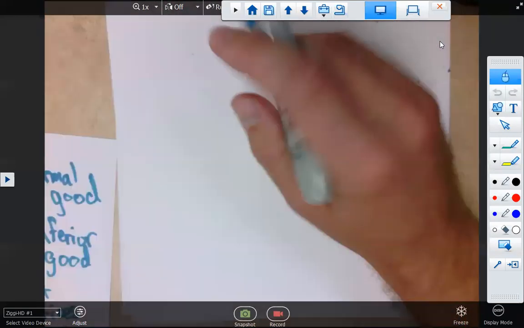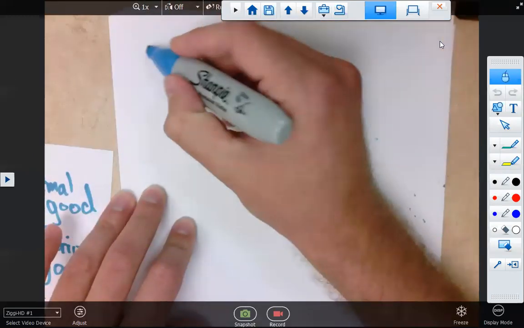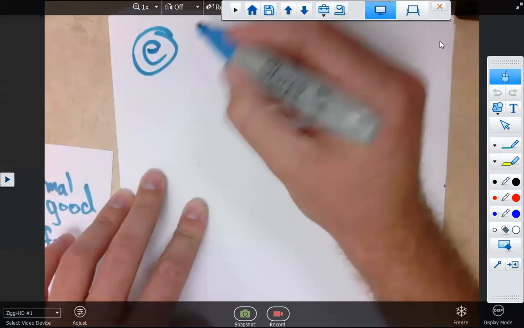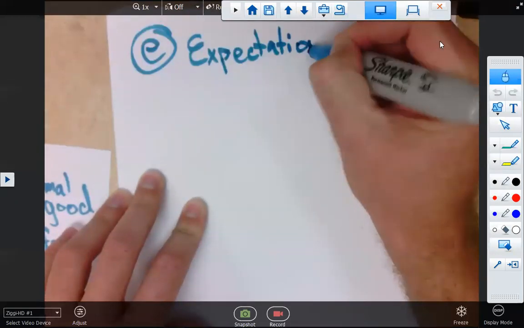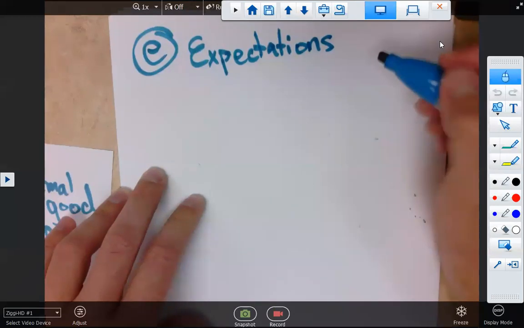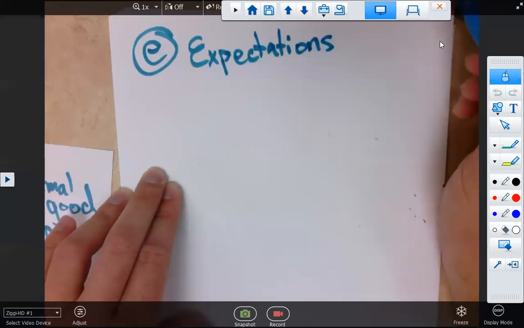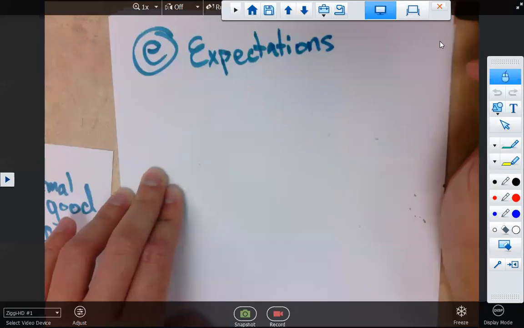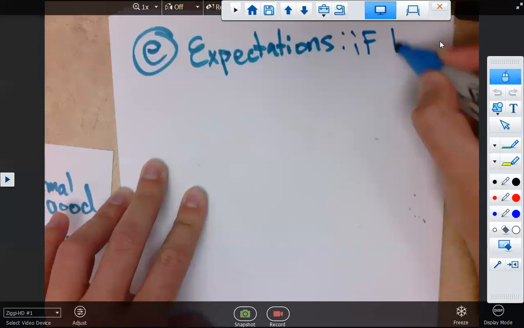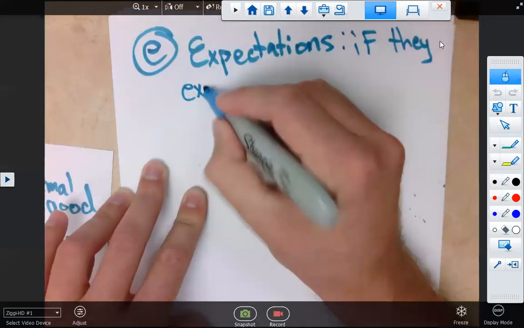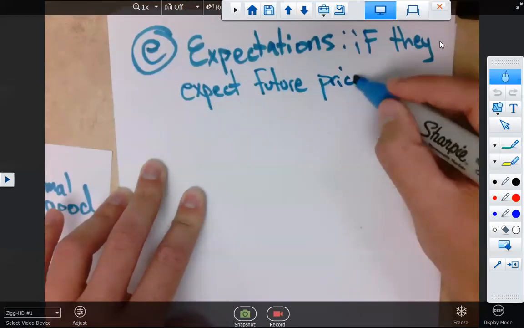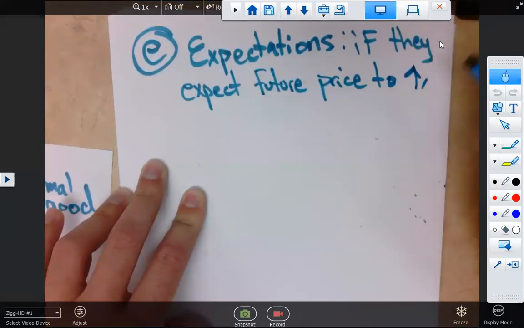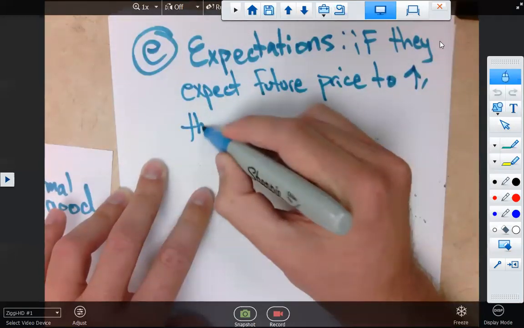So we've got two more here. Bear with me. So E, expectations. If they expect the future price to increase, they may reduce supply in anticipation of that.